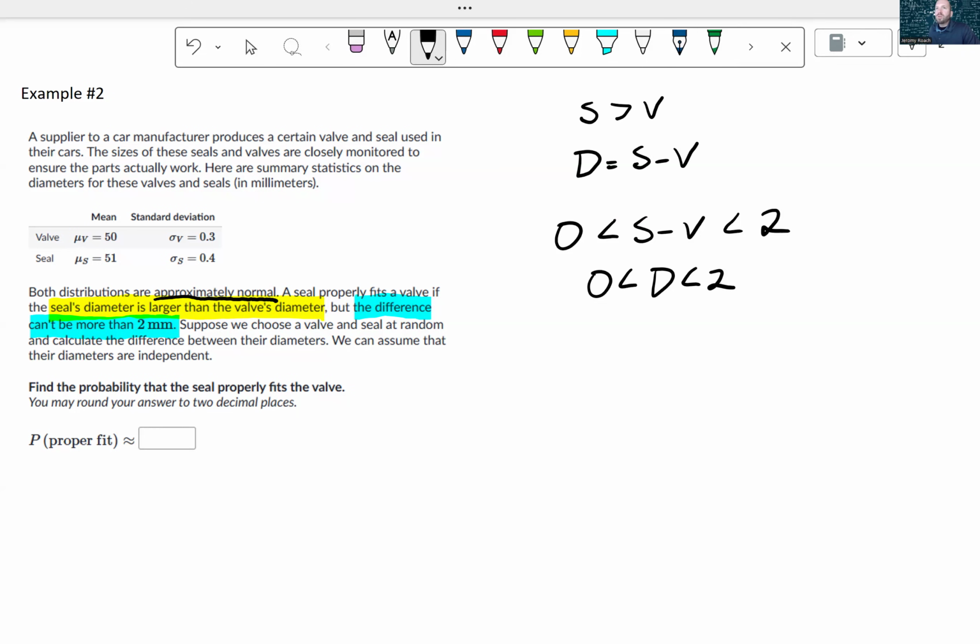Okay. So we're going to use our same equation for the z-scores and the variance, but let's start with finding the mean this time. So if we want to find the mean of D, that's the mean of the seal minus the mean of the valve. And here the order does matter.